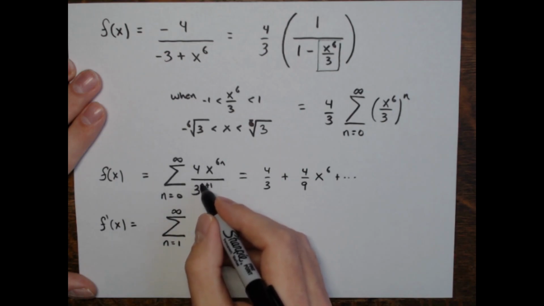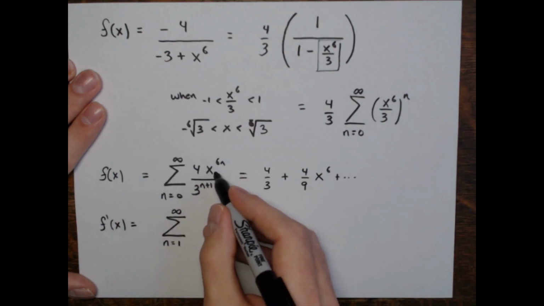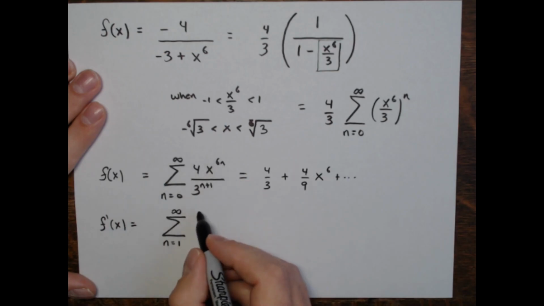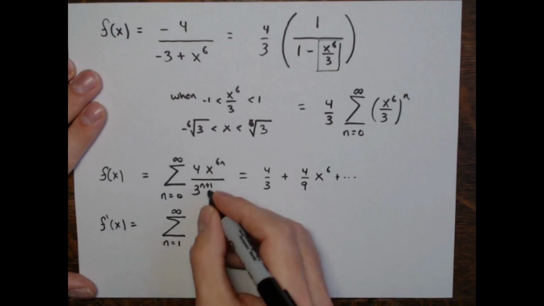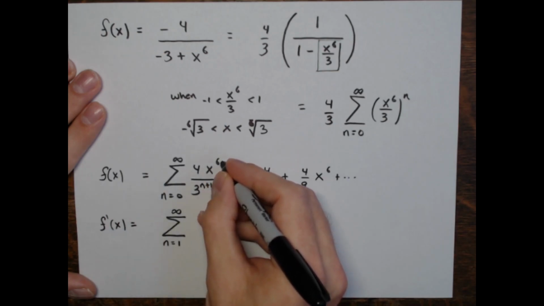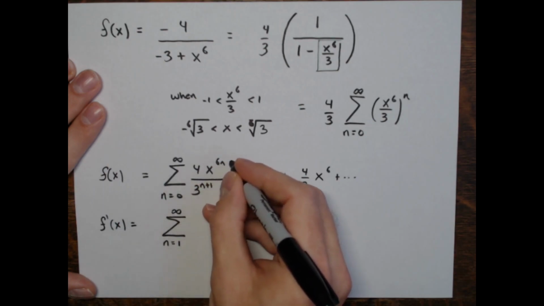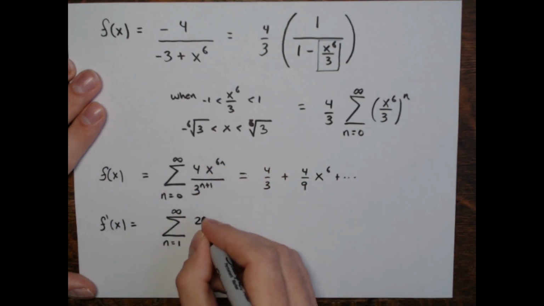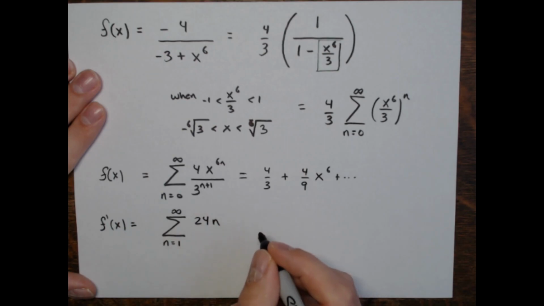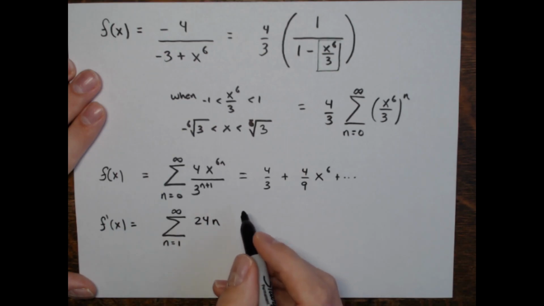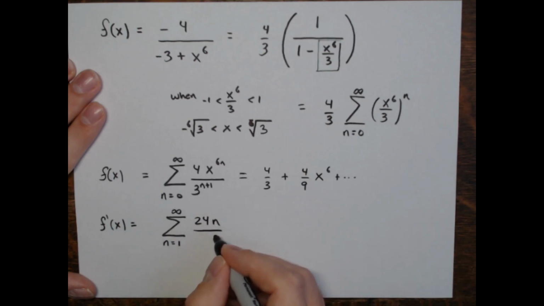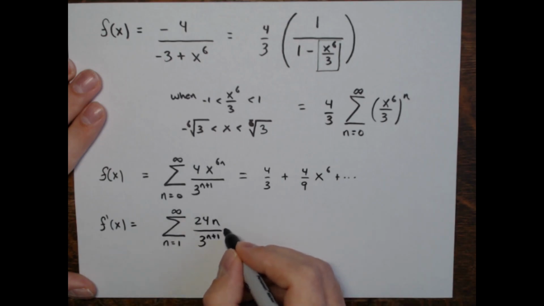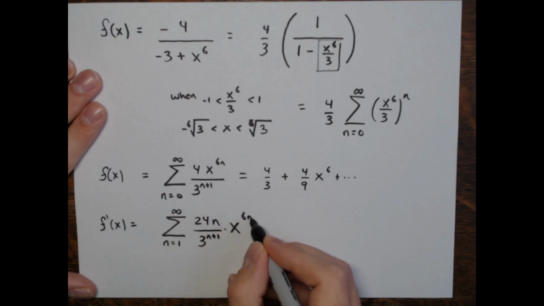Keep the coefficient, but then I'm doing the power rule for x to the 6n. So this would be 4 over 3 to the n plus 1. X to the 6n, with the power rule, would be 6n times x to the 6n minus 1. So I'd have 24n over 3 to the n plus 1 power, which I can simplify in a little bit, times x to the 6n minus 1.